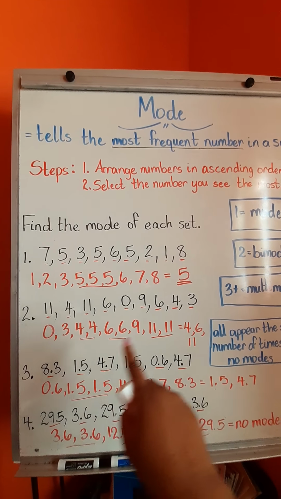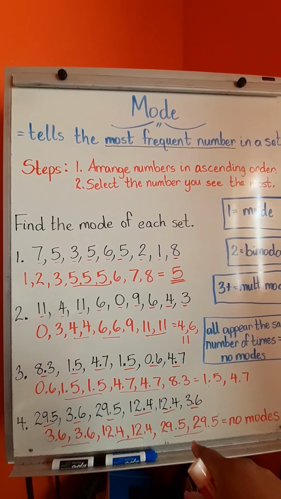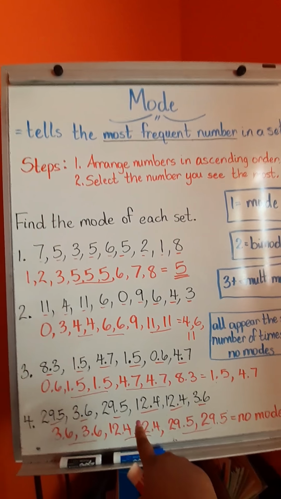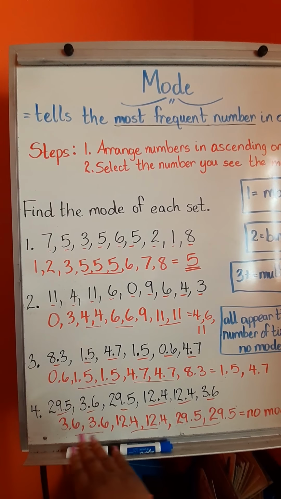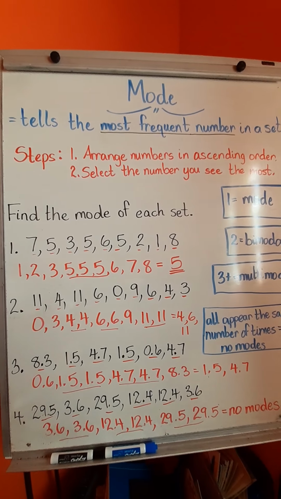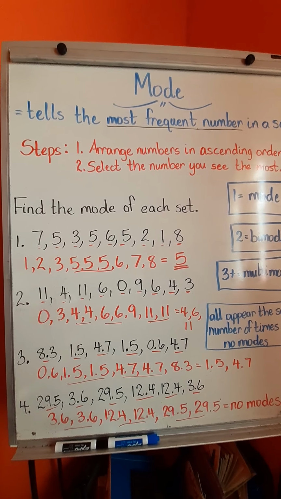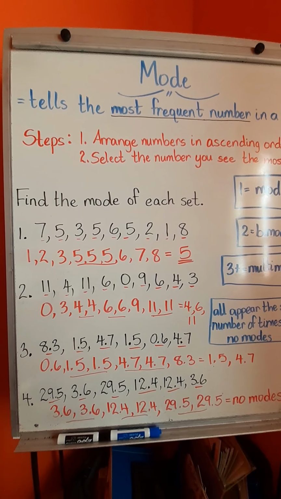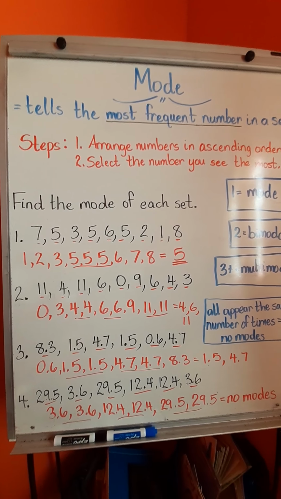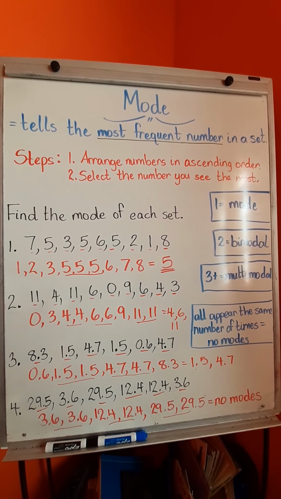That is why this particular question is called multimodal. It's different from this one, number 4, because all of the numbers here we're seeing the same amount of times. And then for number 3, we call that a bimodal when we have only 2 most frequently seen numbers.